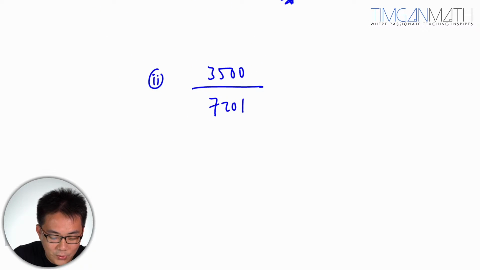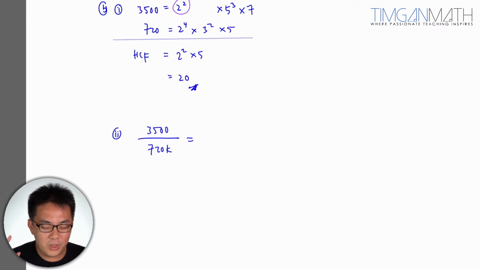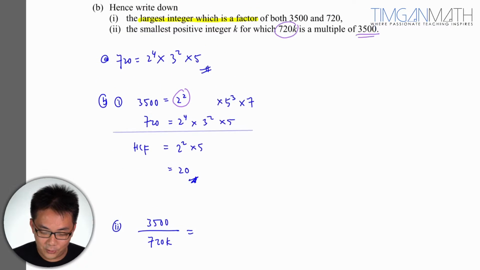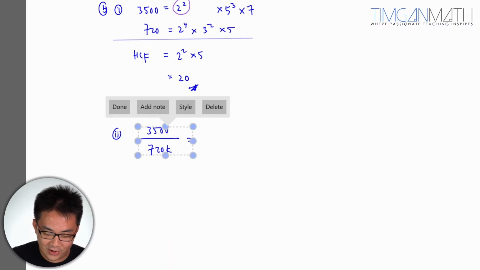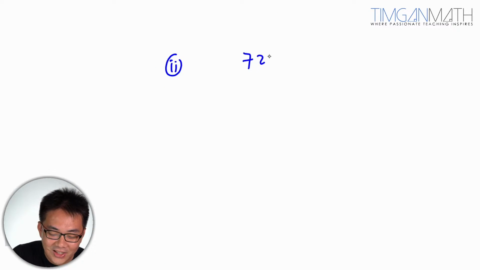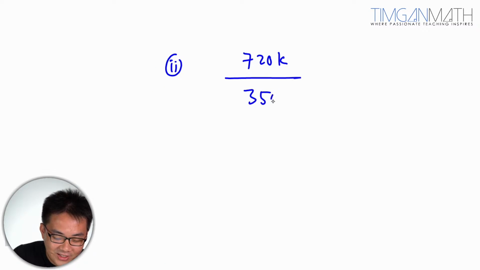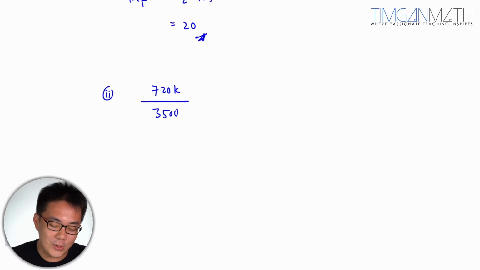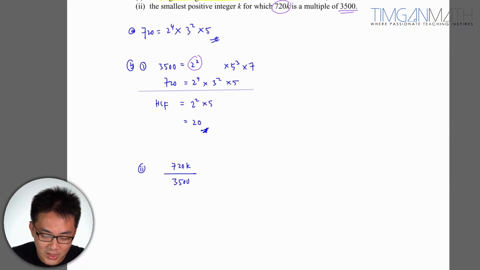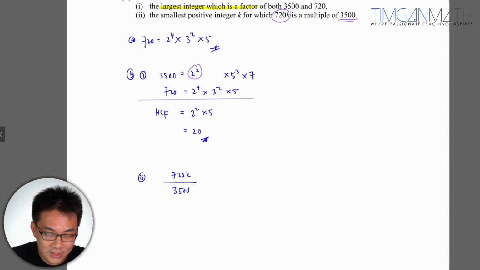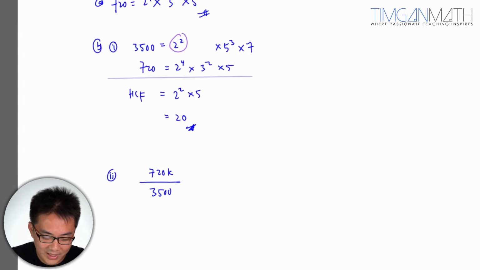So you want this to be perfectly divisible. No, the other way around: 720k divided by 3500. You need it to be perfect, right? If it's a multiple of it, it has to be an integer. So when you divide, it has to be an integer. Okay, I think this will probably be easier.